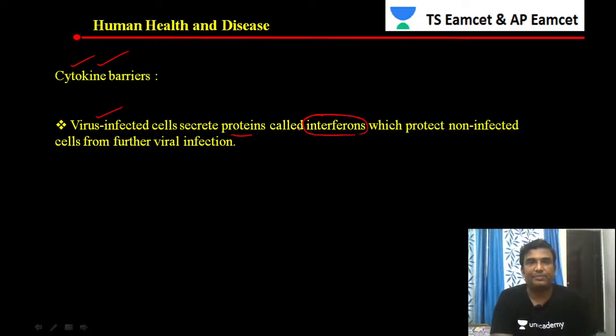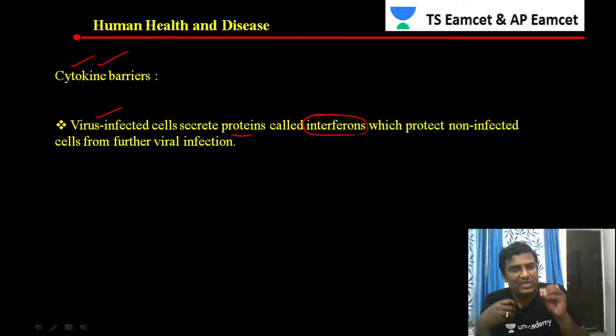When a virus infects the cell, the human body responds to the viral infection and tries to protect itself by releasing one specific protein to produce immunity.